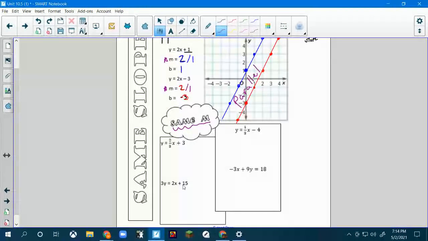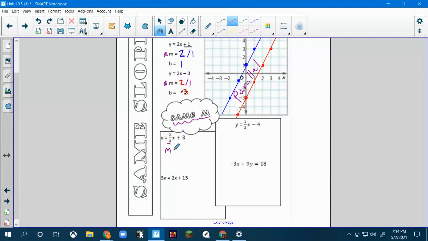Are these parallel lines or not? We have two equations, and the only thing we really need to identify is the slope. On the first one, the number before the x is 2/3. On the second one, the number before the x is 2, but we can't say that's the slope because y isn't by itself.